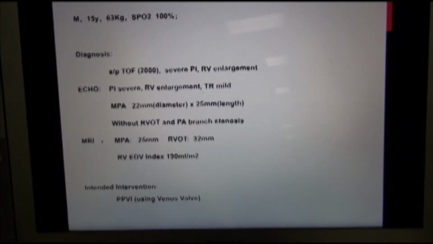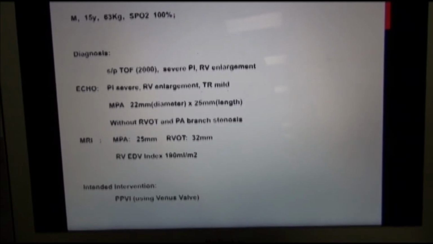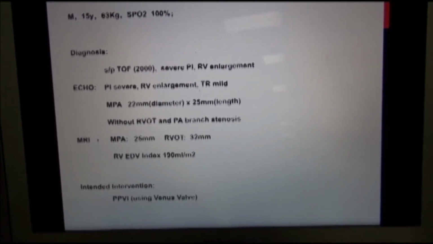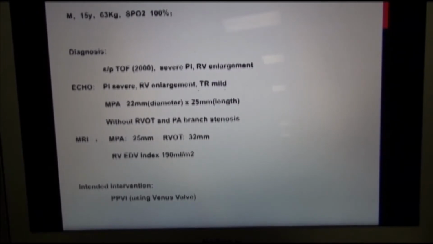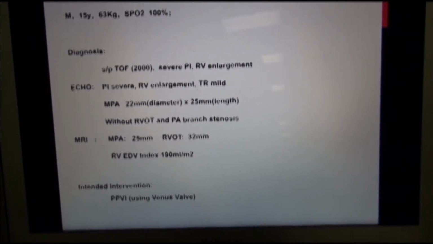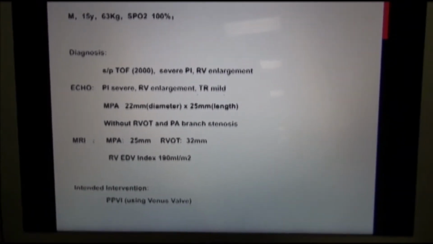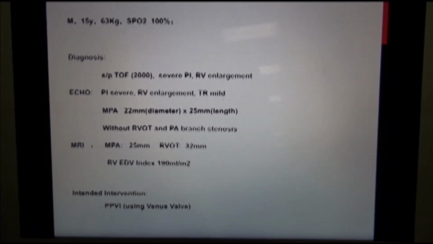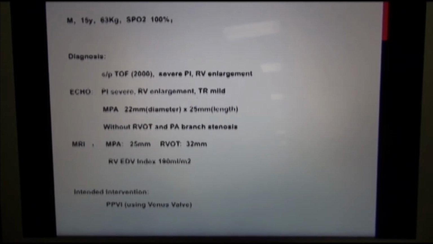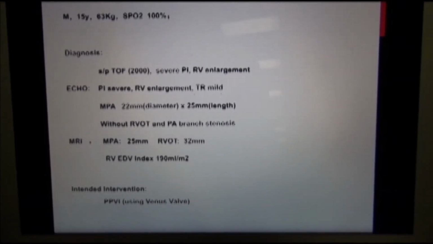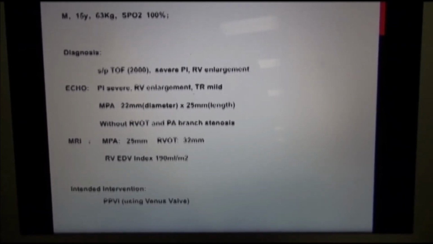Echo shows right ventricular enlargement with severe pulmonary valve insufficiency and mild tricuspid valve insufficiency. By echo, the MPA diameter is about 22 and the length is about 25, and without RVOT and pulmonary artery branch stenosis.